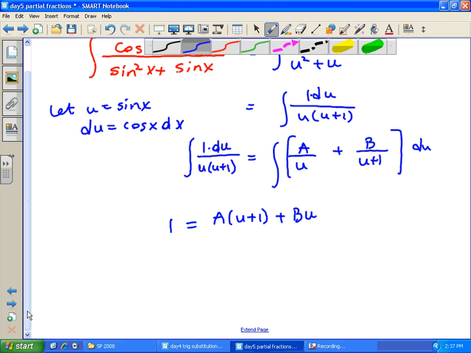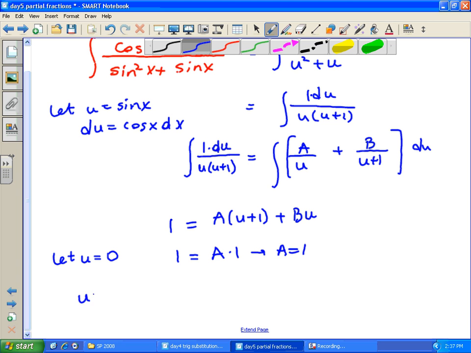But for linear factors, it's easier to let u be equal to certain values. Like in this case, let u be 0 and then -1. That will do the trick. So 1 equals, if u is 0, we have a times 1 plus 0. So a is 1.